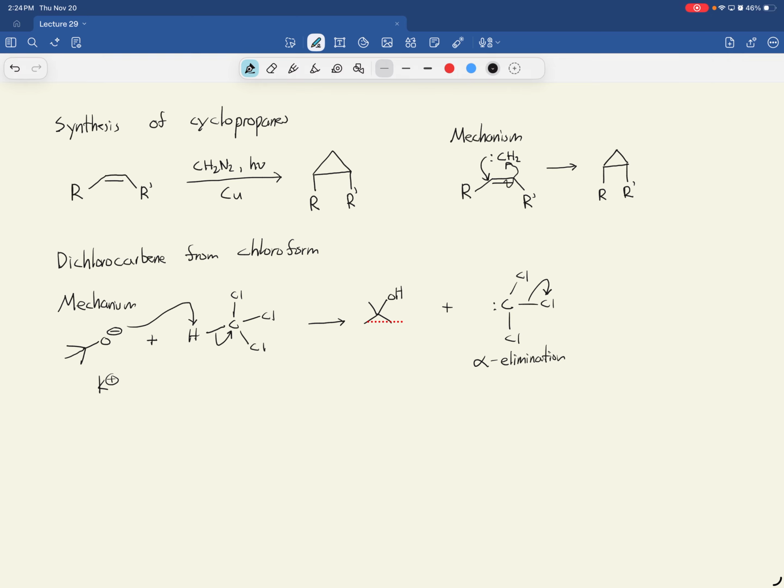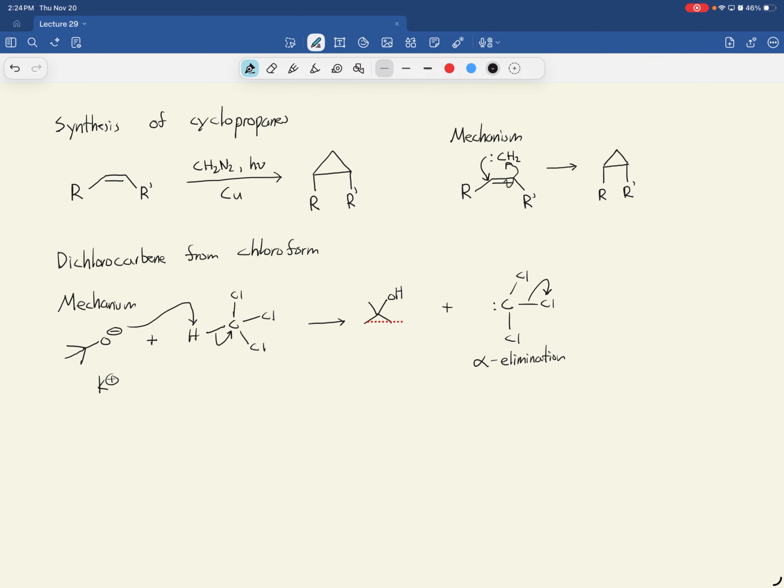So remember when we talked about E2? This group right here, this is the alpha position. This is the beta position.